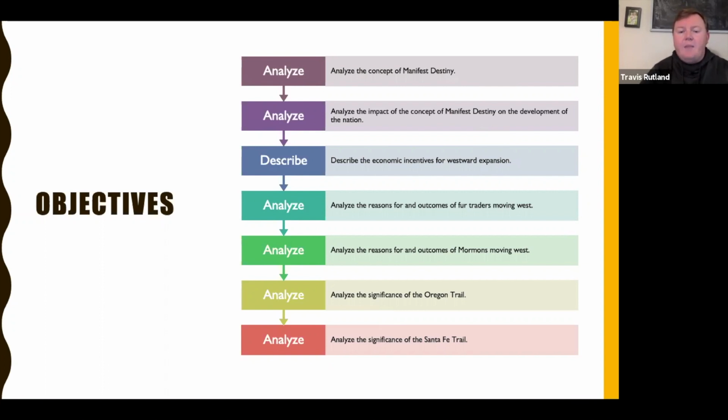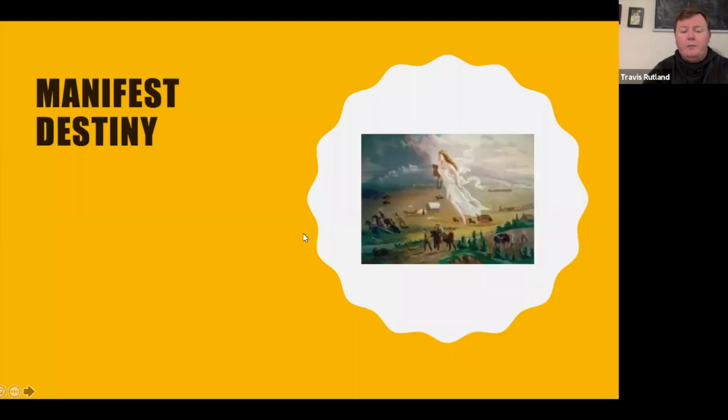We're going to describe the economic incentives for westward expansion, analyze the reasons for and outcomes of fur traders moving west, analyze the reasons for and outcomes of the Mormons moving west, and then we're going to analyze the significance of the Oregon Trail and analyze the significance of the Santa Fe Trail. All right, so basically looking again at those two standards, 8.49 and 8.52. Okay, so here we go.